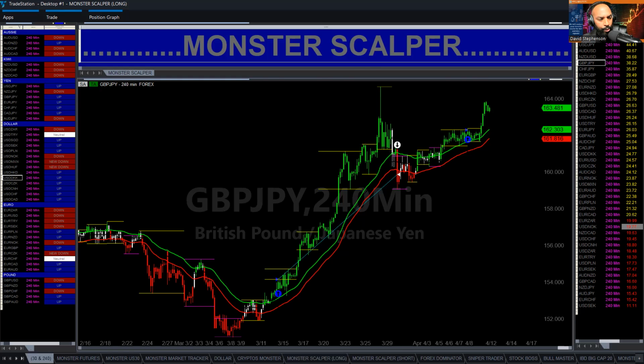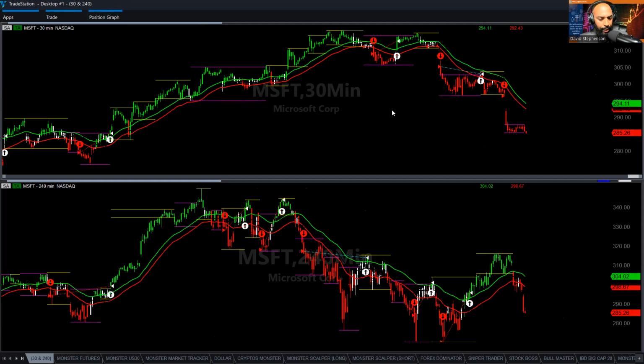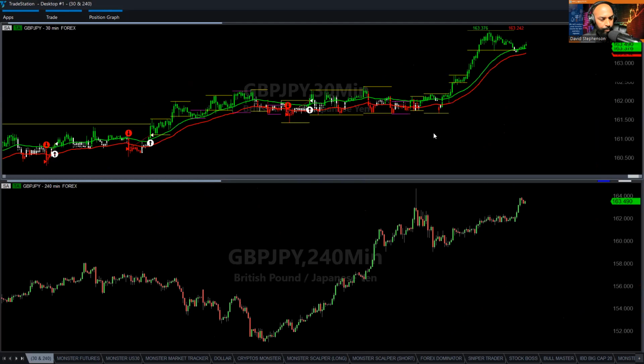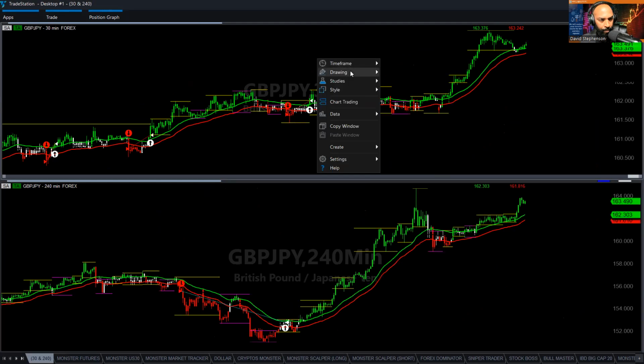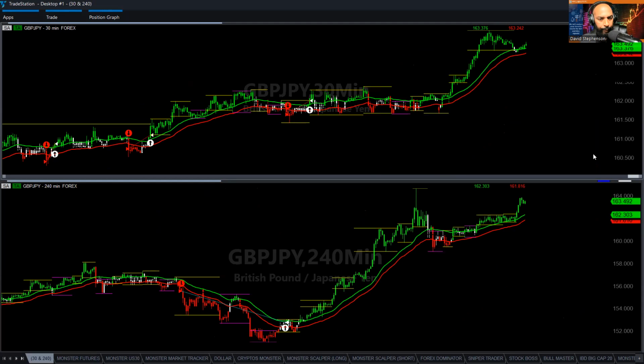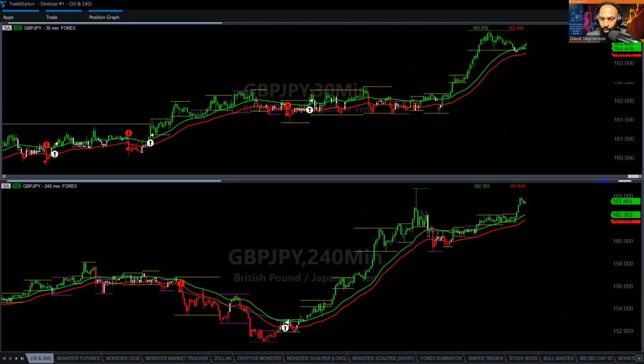We also saw some pretty good action on the 30-minute also. So let me change these. Is anyone in the pound pairs, the yen pairs?